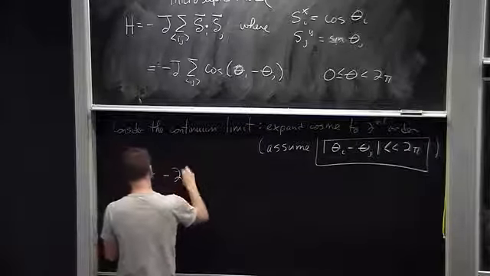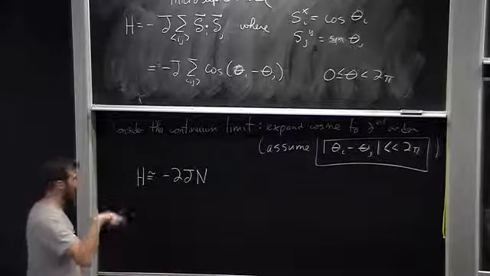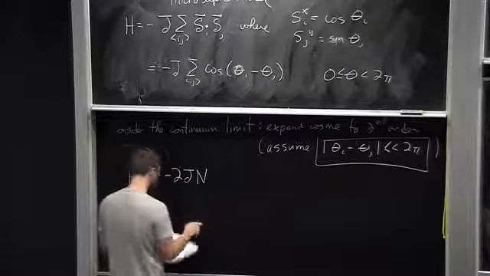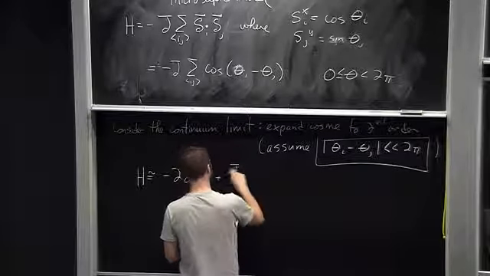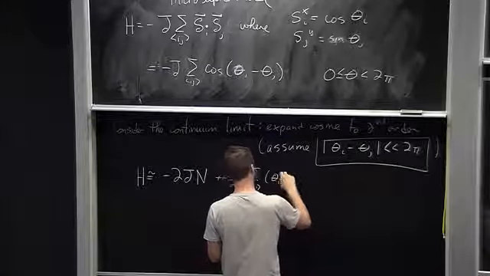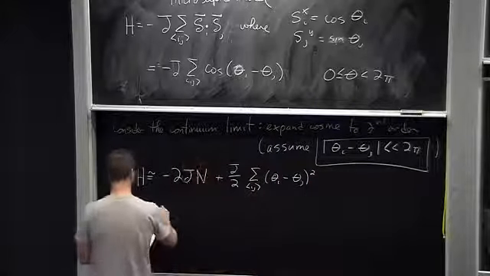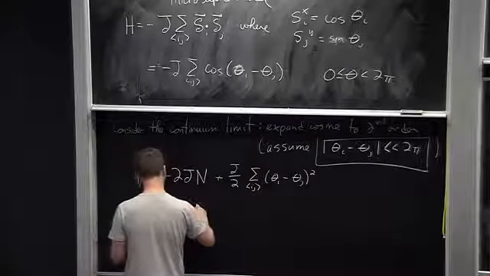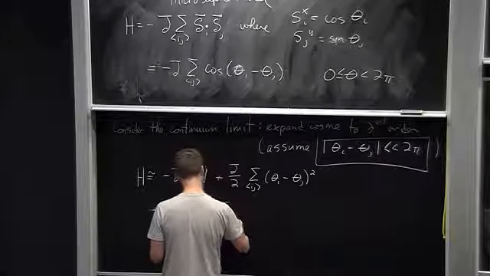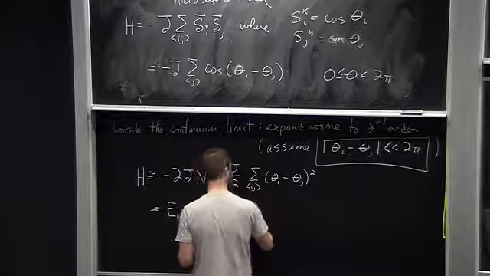So then the Hamiltonian is just a ground state, 2J N. That's where everything's perfectly aligned. Square lattice, let's say, so 2 bonds per site, and everyone's satisfied. And that term is just a ground state energy. Oh, sorry, got rid of the cosine.